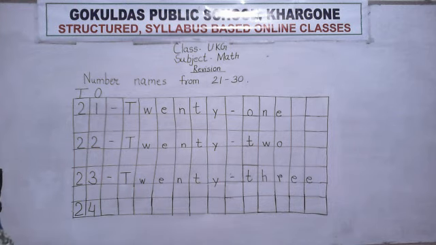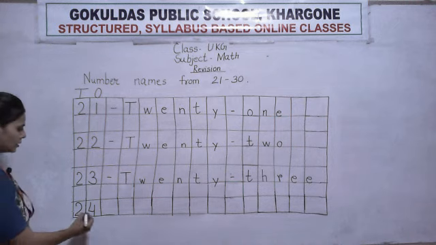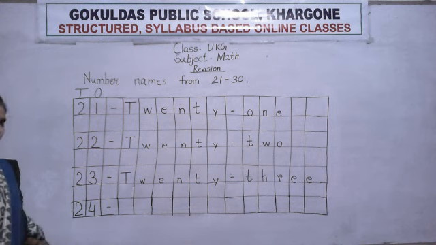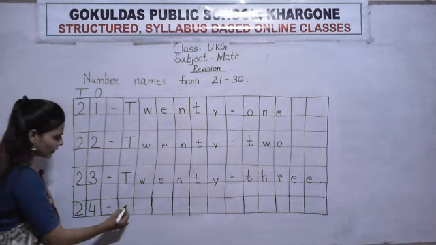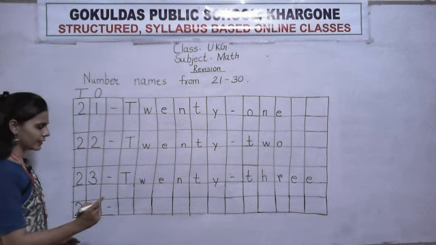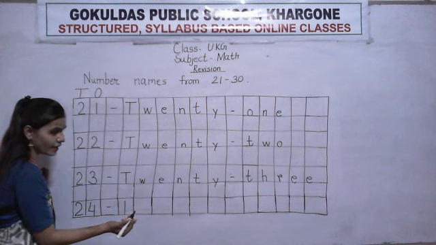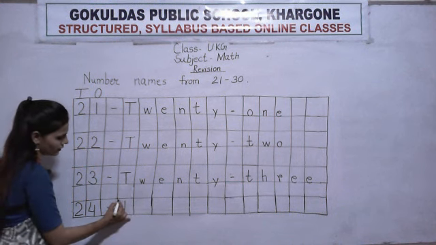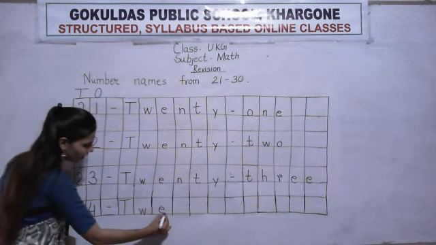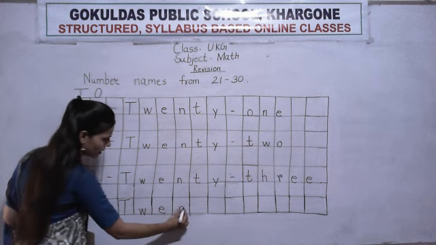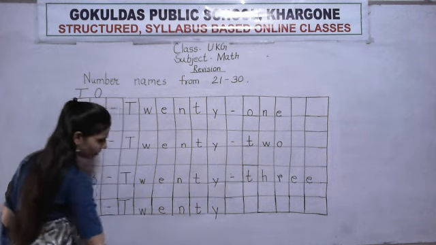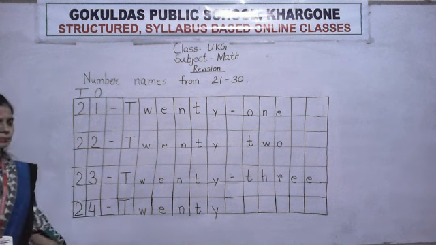Now after 23, all of you write 2, 4, 24. Good. Now make a small slipping line. Very good. Now here we write which spelling? Spelling of 20. TWENTY.